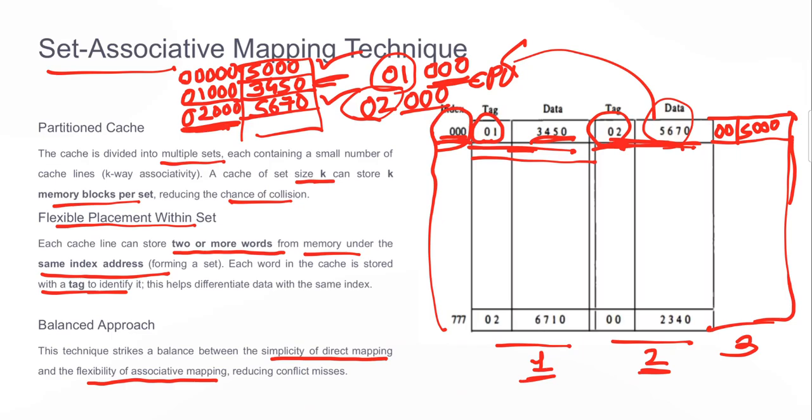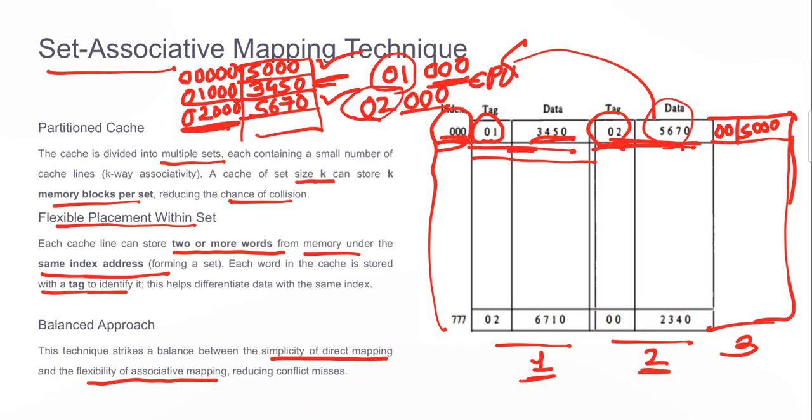So we learned in this lecture three mapping techniques: associative mapping, set associative mapping, and direct mapping. Associative mapping uses associative memory, or you can say content addressable memory, where we can store both data and address inside the memory. In direct mapping, we divide the address into two parts: tag and index.